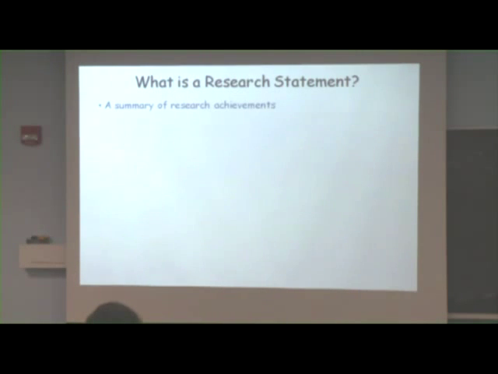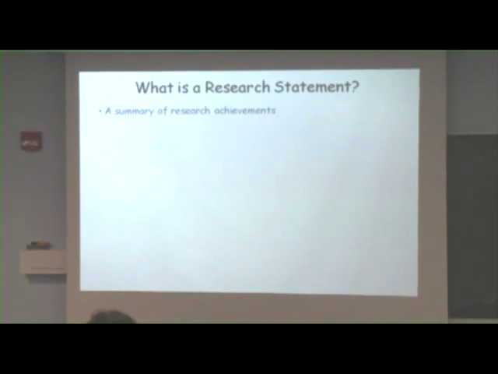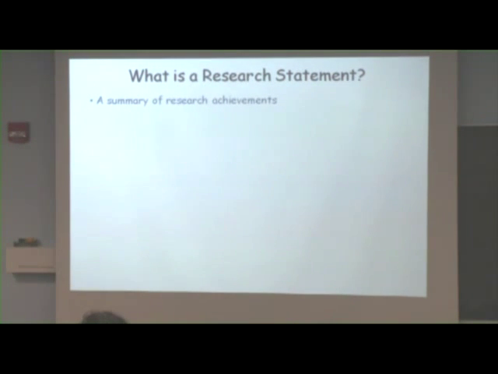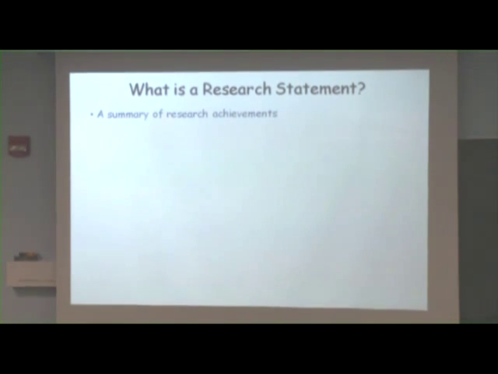So very simply, it's a summary of research achievements. Now, of course, this varies depending upon the type of job that you are applying for. So if you are a graduate student applying for a postdoc, your research statement will look slightly different than, let's say, if I'm applying as a faculty member from one university to another.